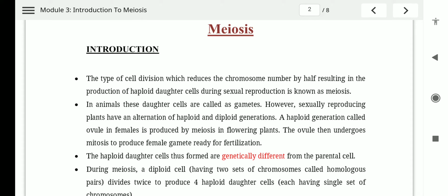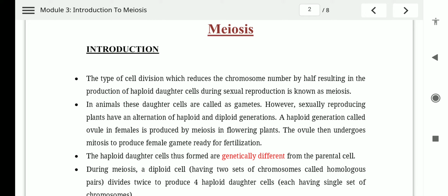However, sexually reproducing plants have alternation of haploid and diploid generations. Bryophytes and pteridophytes, as we have learned, have alternation of generations. The haploid generation, called the ovule in the female, is produced by meiosis in flowering plants. The ovule then undergoes mitosis to produce the female gamete ready for fertilization.